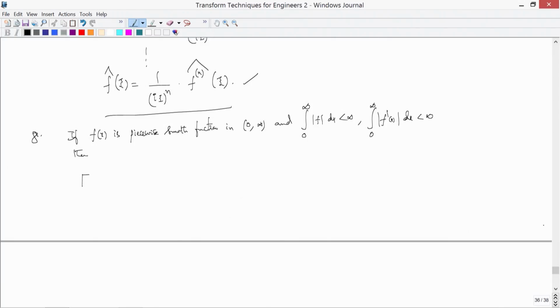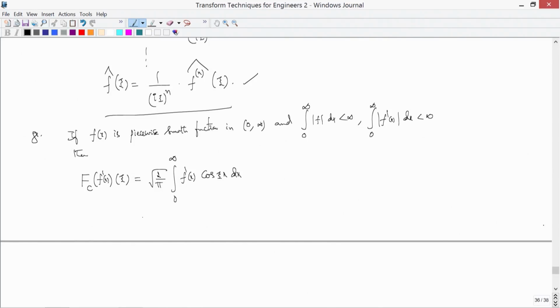So the Fourier cosine transform of f dash of x, as a function of xi. If you calculate the derivative, you get root 2 by pi, integral 0 to infinity f dash of x cos xi x dx.